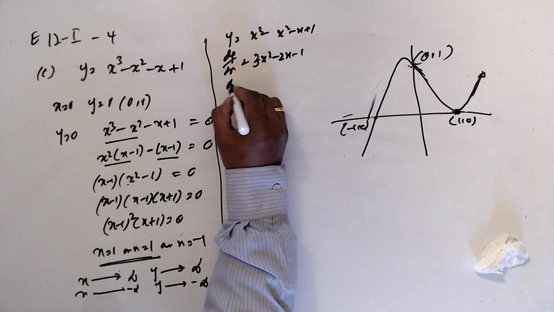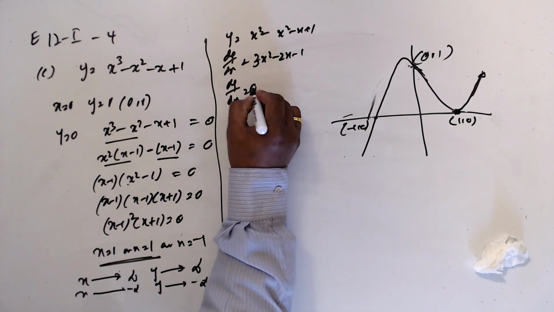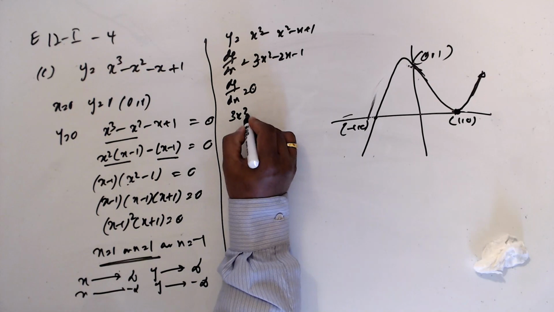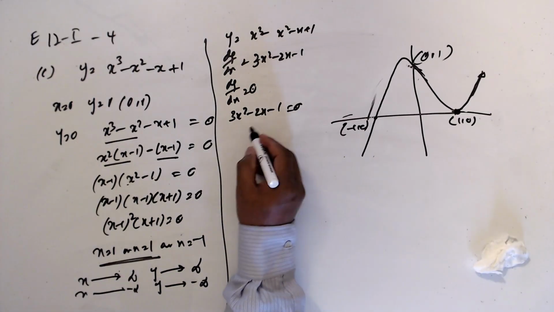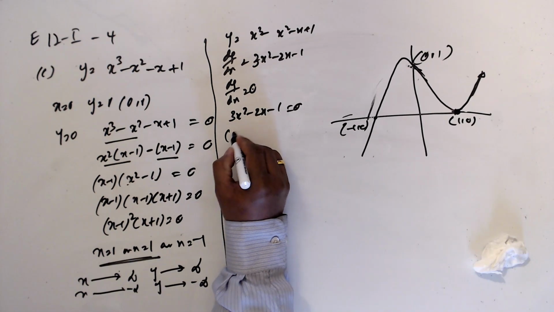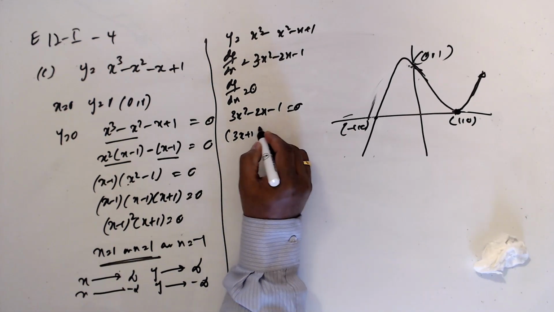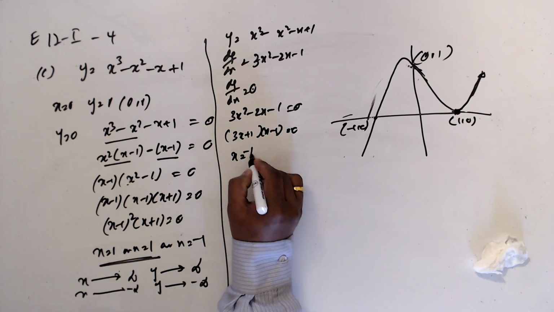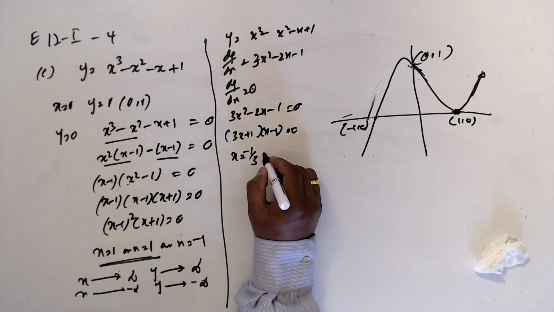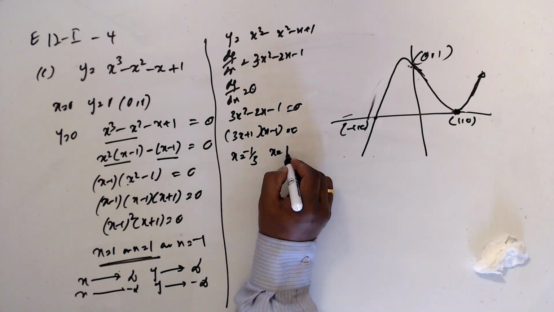So to find the stationary points, we make this equal to 0. So 3x squared minus 2x minus 1 equals 0. So the brackets are (3x plus 1)(x minus 1) equals 0. x equals minus 1 over 3, and x equals 1.